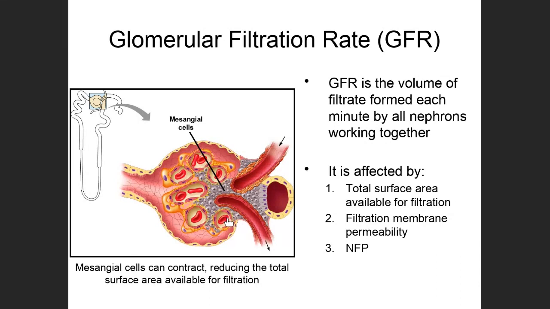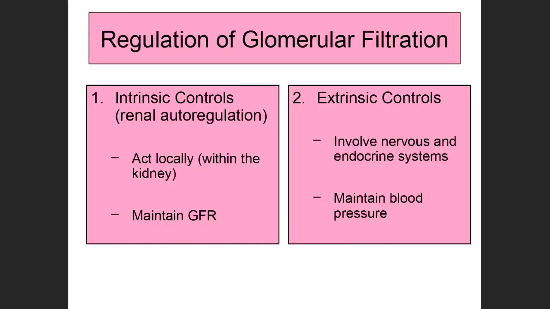So I mentioned previously that the rate at which filtrate is formed, the glomerular filtration rate, or GFR, is something that the body tries to keep consistent. So it's about 125 milliliters a minute. And under normal, healthy circumstances, blood pressure is good in the body. The kidneys work really hard to keep it just at that through what are known as intrinsic controls or renal autoregulation.